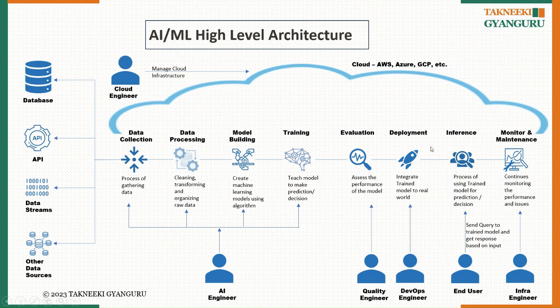So deployment is basically taking this whole model and everything required, and moving it to a place where the end user can access it, or use this model to predict. So that is called deployment. That is when you integrate the trained model into the real world.